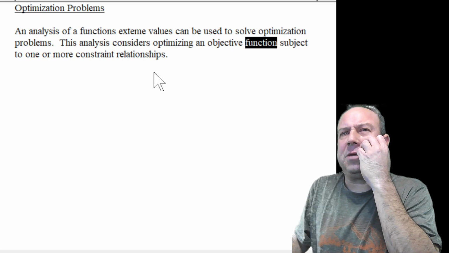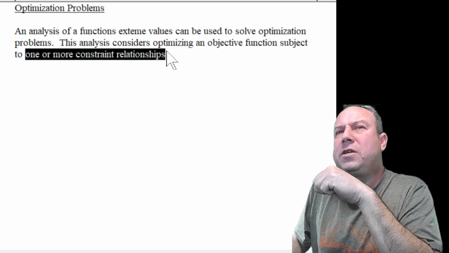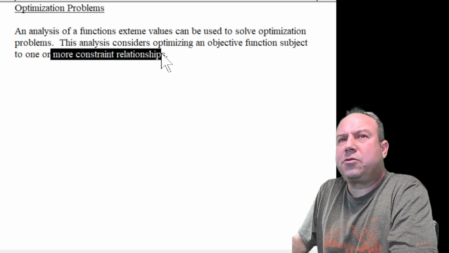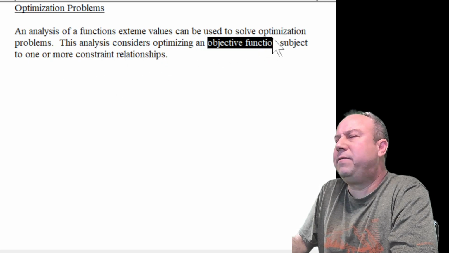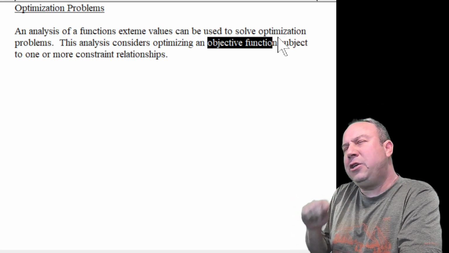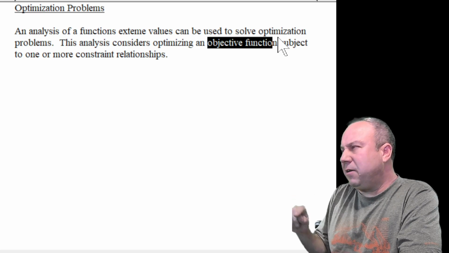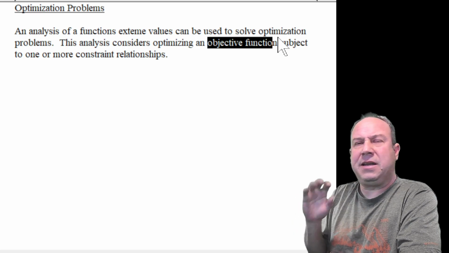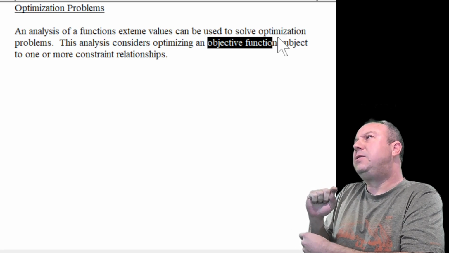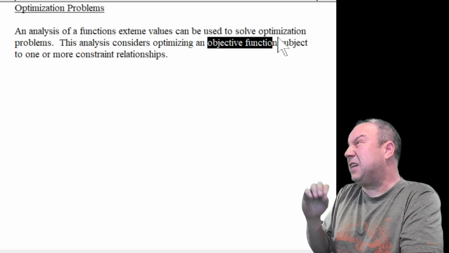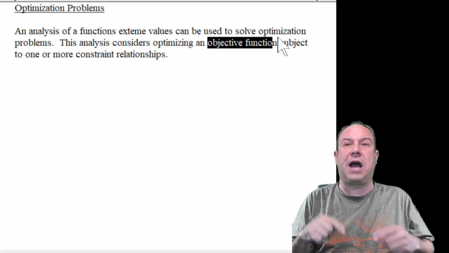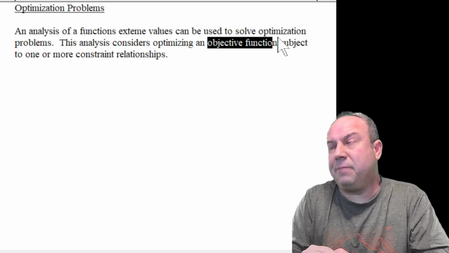That's going to be subject to one or more constraint relationships, where we're going to use the constraint relationships to express our objective function in terms of one independent variable, and then use our calculus techniques, our analysis of the first and second derivative, our first and second derivative tests, to analyze for optimal behavior in that objective function.